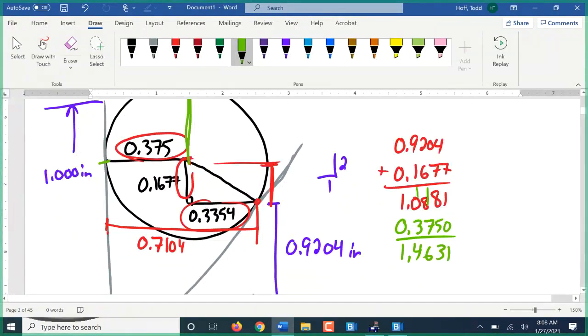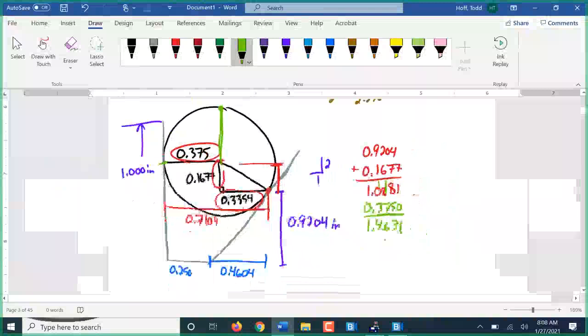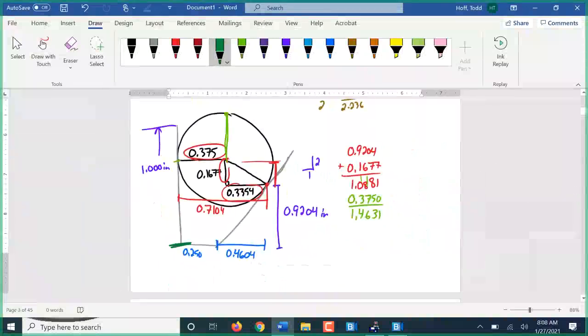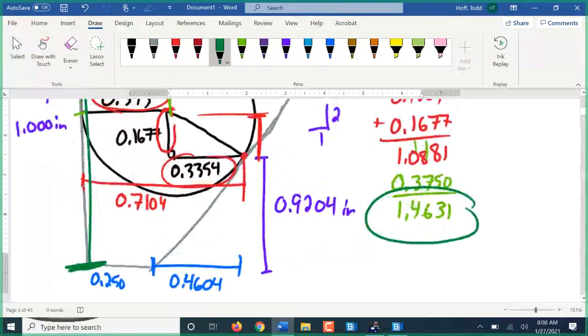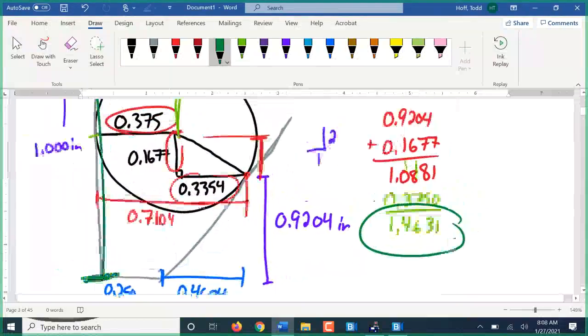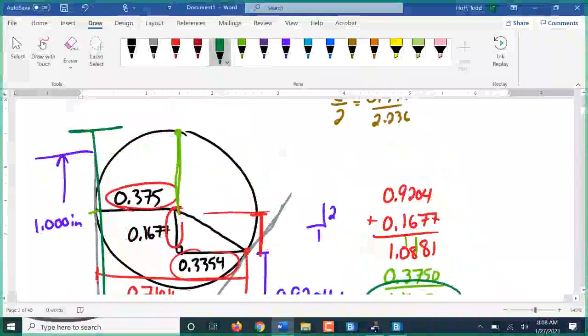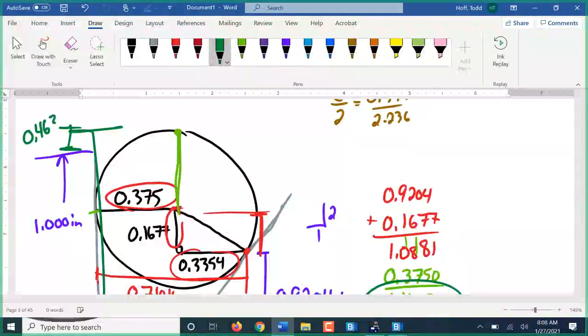So that total height, what this is saying is the total height from the bottom up to the top of the rod is 1.4631. So then we can find this height above the surface is just the distance, 0.4631 inches.